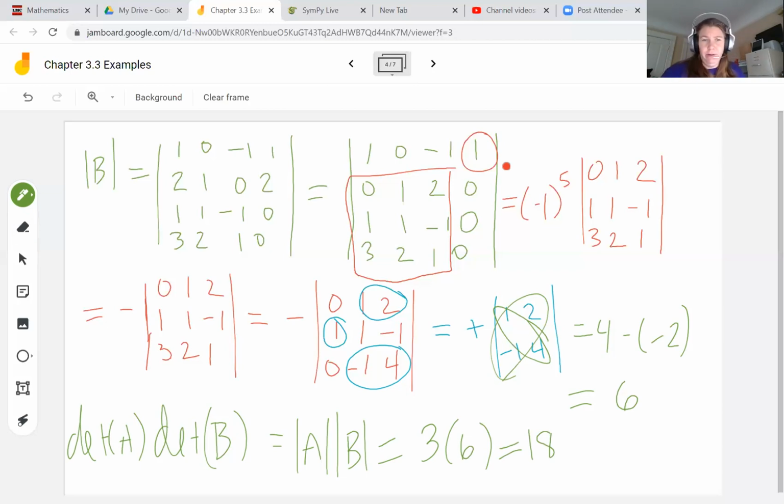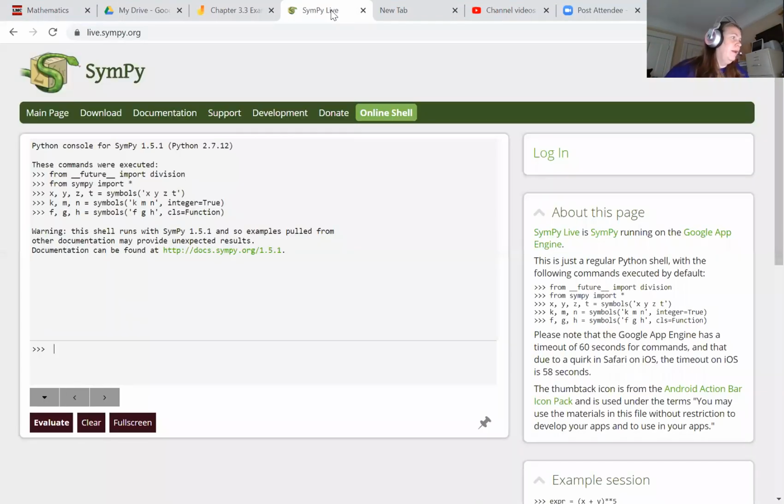All right, let's go into SymPy to save some time on this. So I'm going to go ahead and enter matrices A and B. Matrix A has in the first row 2, 0, 1, 1.